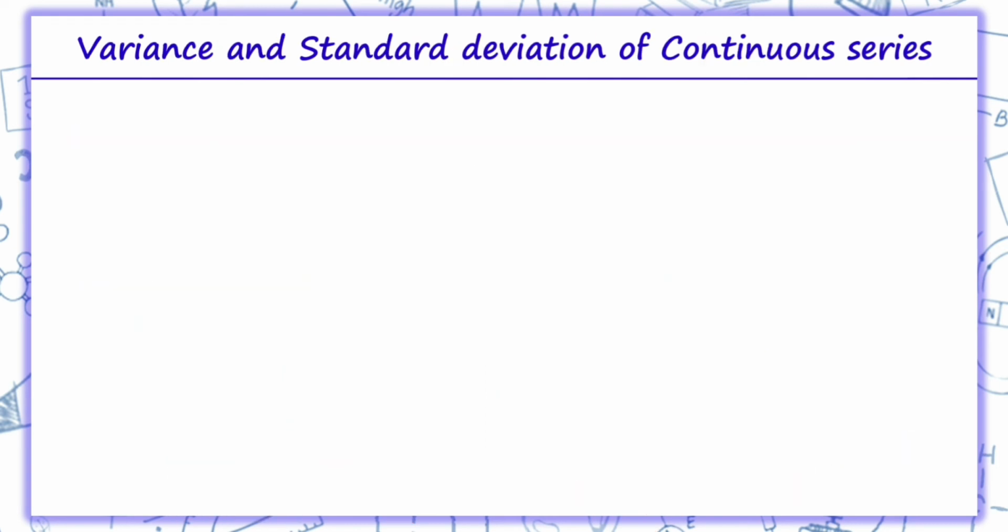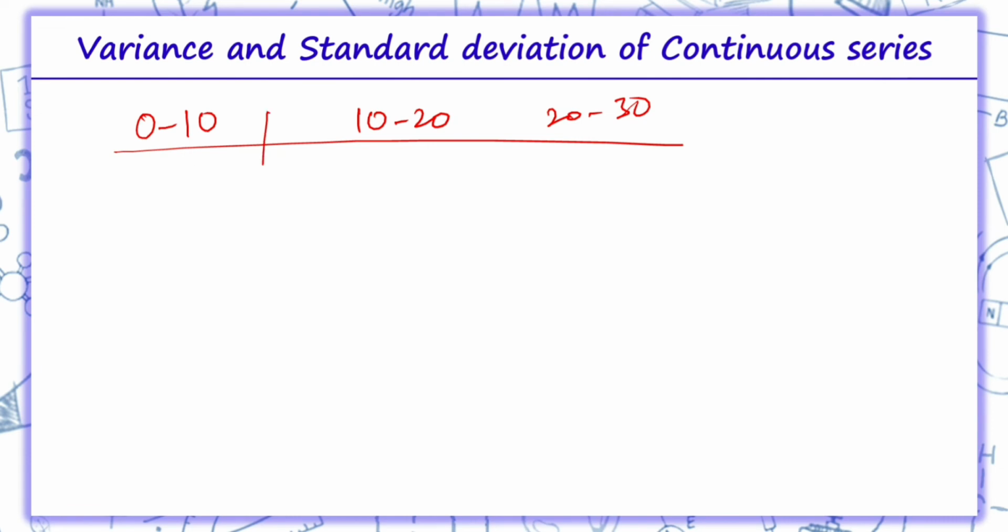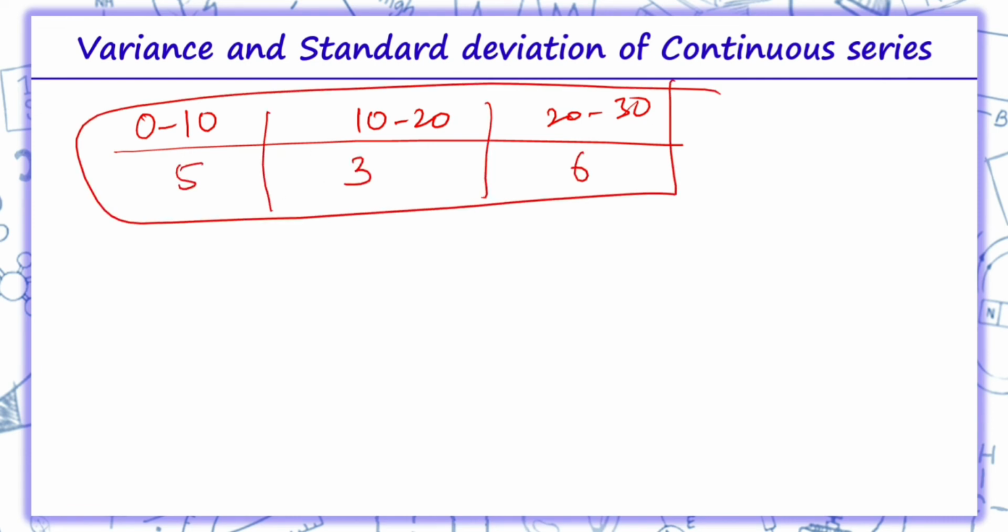Now coming on to variance and standard deviation of continuous series. So in continuous series we are provided like 0 to 10, 10 to 20, 20 to 30, and then their frequencies we are provided 5, 3, 6. This is called continuous series.